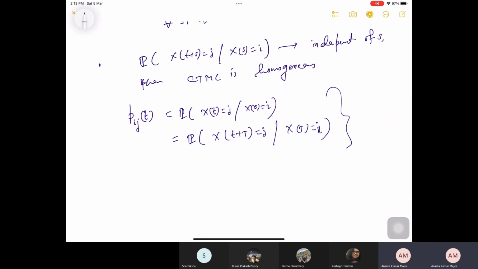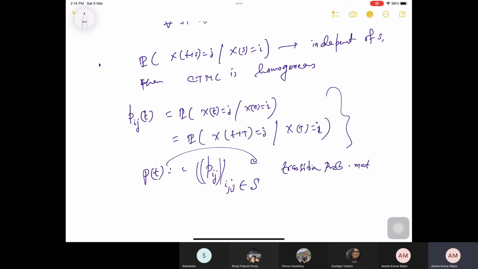Okay, so this Pij, I am finding a matrix P, which is my Pij over i, j in my state space. So this matrix P is called again the transition probability matrix of the given CTMC.